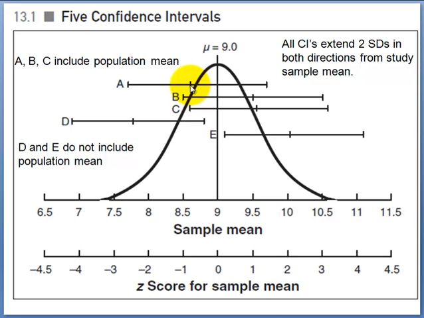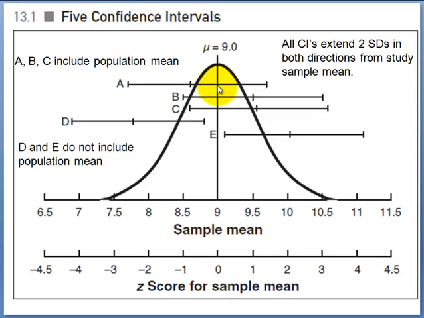In other words, standard deviation in your sample, you divide that by the square root of n, and that estimates very closely the standard deviation in the sampling distribution. Then you've got to multiply by 2 to go 2 standard deviations in each direction. So here is the confidence interval that results in your first sample. And you can see that this confidence interval does indeed include the population mean, which is 9.